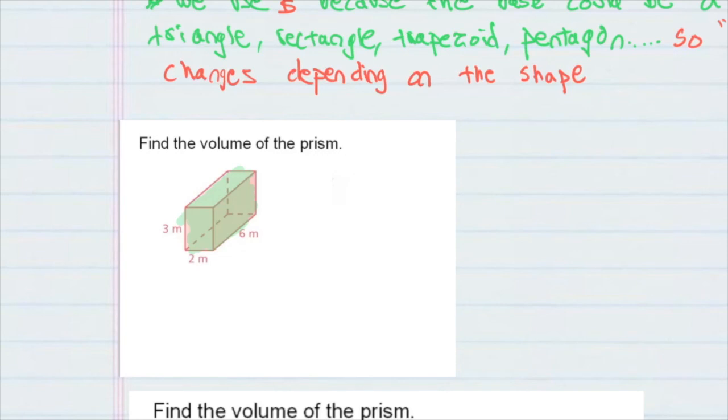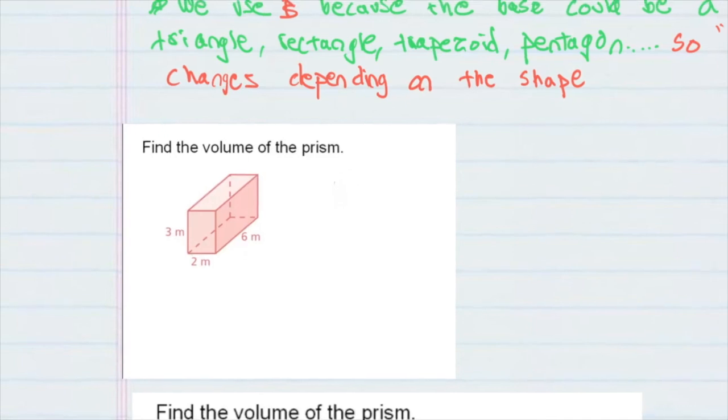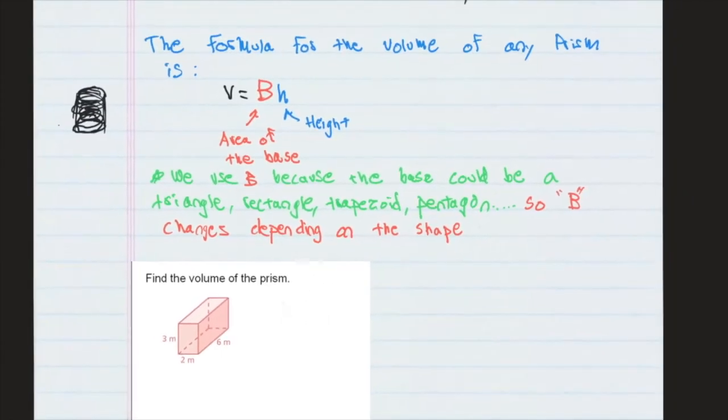To see how many rectangles you stacked to make that prism, you multiply by the height, because that's the number of rectangles you used. So in general, the volume of any prism is just the area of the base times the height.